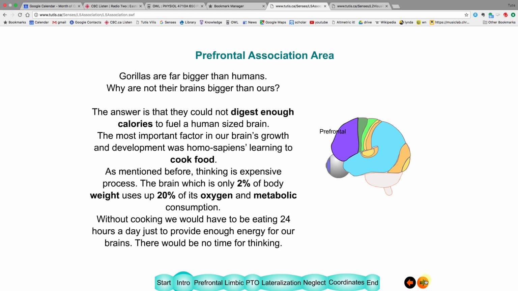If you have to eat wheat, it'll take you a long time to digest raw wheat than it would after it's cooked. And so cooking is what allowed us to develop such large cortices, because without it we'd have to be eating and finding food all day long.